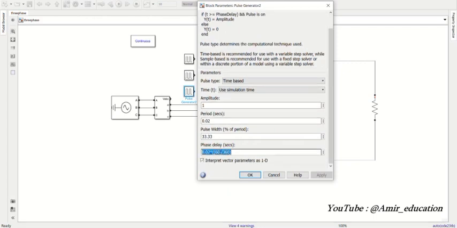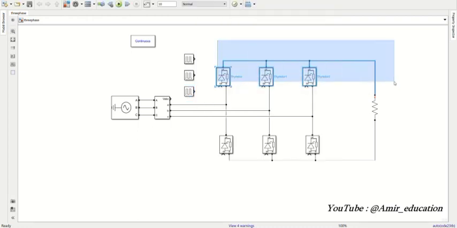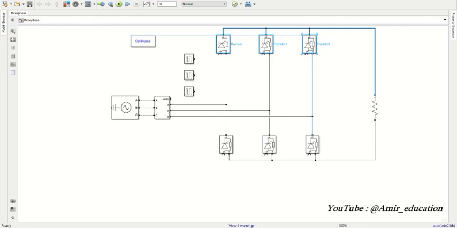And this one we can write as 240. We also could write minus 120, but I guess it might show some errors. So let's connect them.